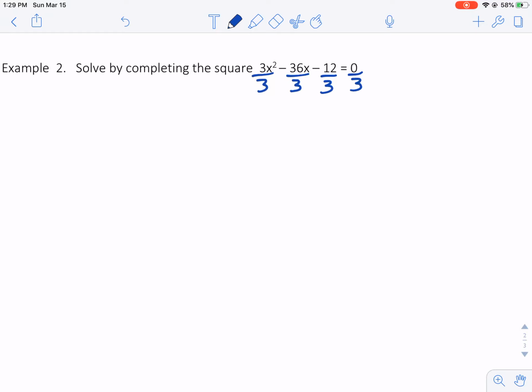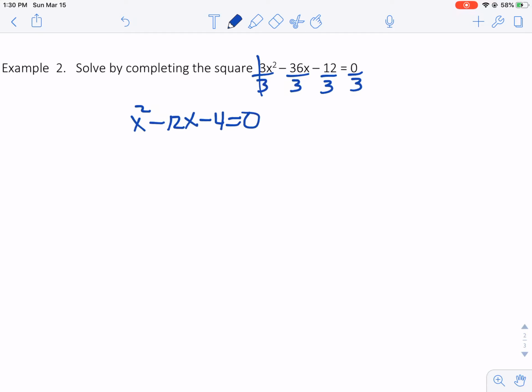And yes, I know that 0 divided by 3 is going to be 0, but if I don't show New York State that I'm dividing everybody by 3, they're going to ding me for inappropriate work, because I have to divide everybody for the laws of equations. So these 3's will cancel out. X squared minus 12x minus 4 equals 0.